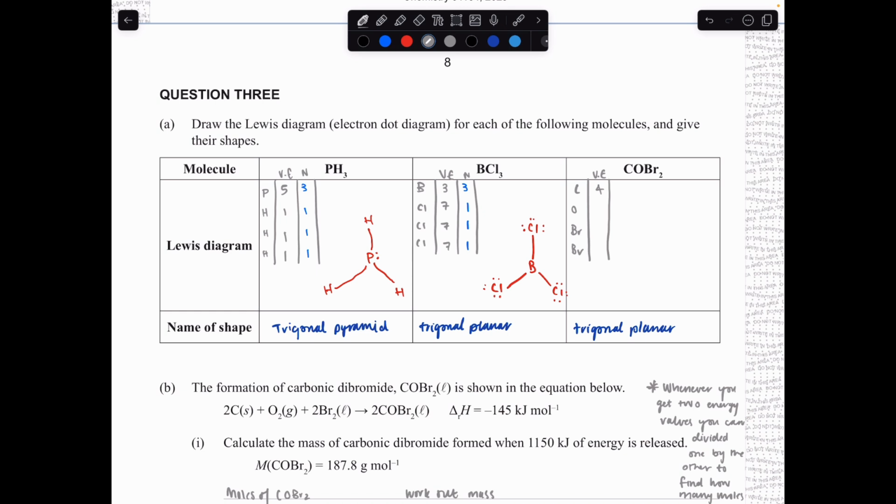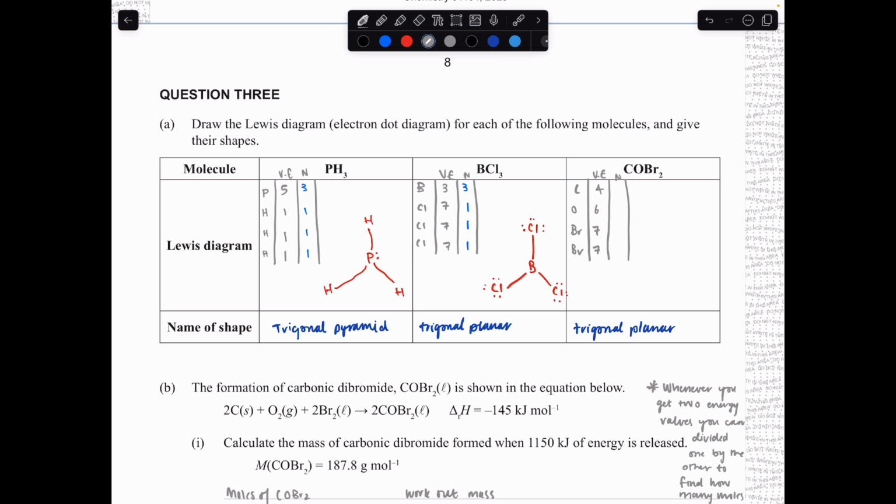Oxygen is in group 16, so it has 6 valence electrons. Br is in group 17, so it has 7 valence electrons. How many more does it need to have a full outer shell? Don't worry, this time there are no exceptions within these atoms.